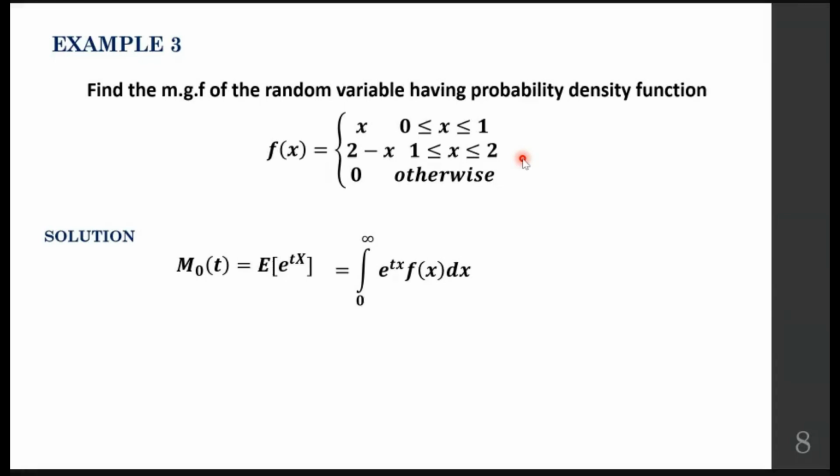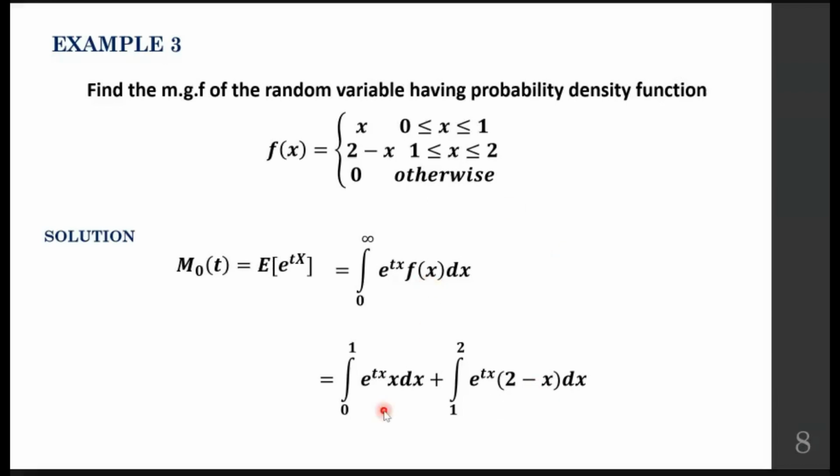Substituting for f of x, which is defined in two intervals. One is 0 to 1, the other one is 1 to 2. So writing this integral as 0 to 1 plus 1 to 2. So in 0 to 1, the function defined is x, and in 1 to 2, the function defined is 2 minus x.